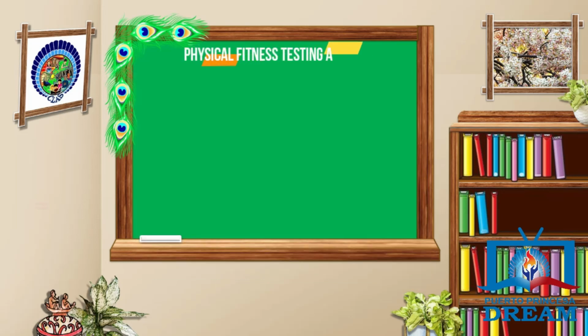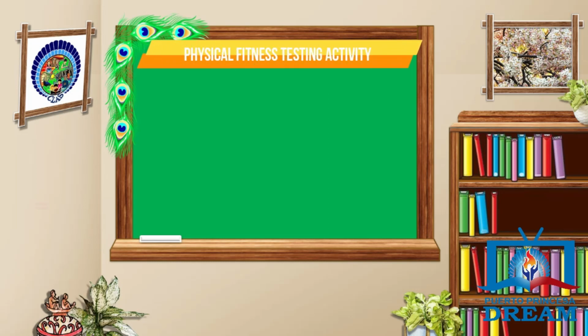Physical fitness testing activity. Physical fitness testing is always an important component of physical education. This will help an individual know one's strengths and weaknesses. The following are the self-testing activities for health-related fitness, or HRF.